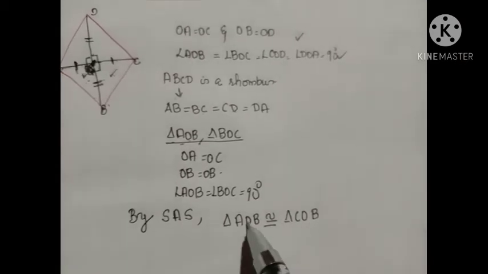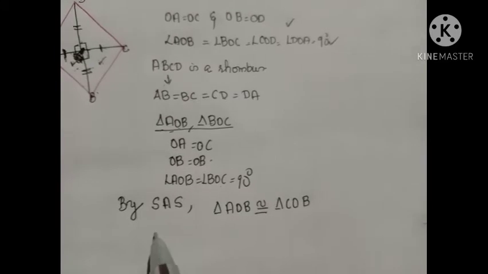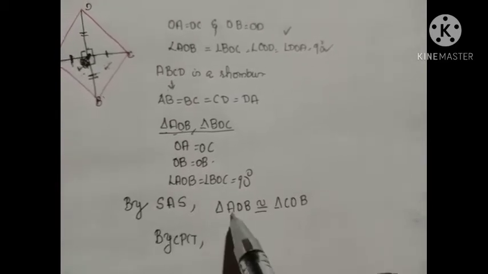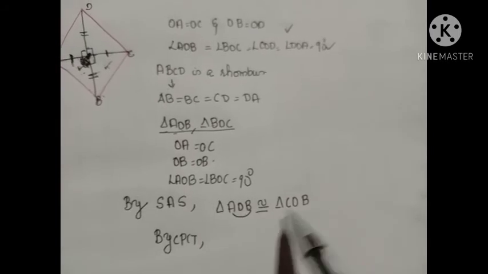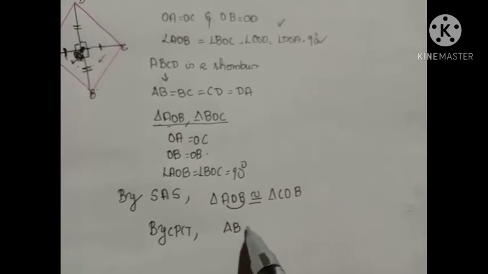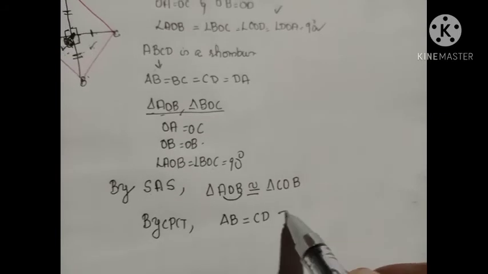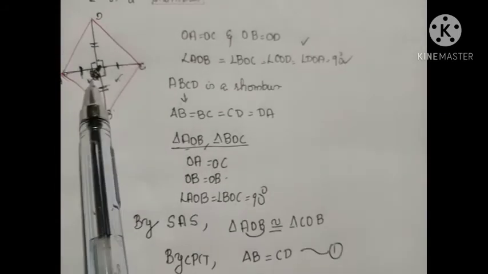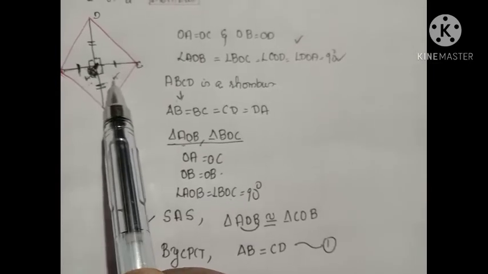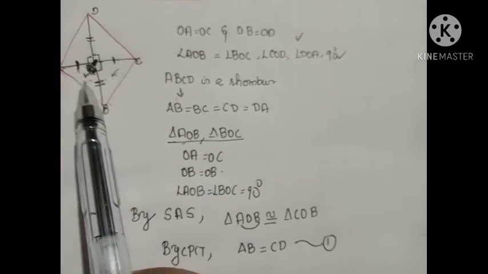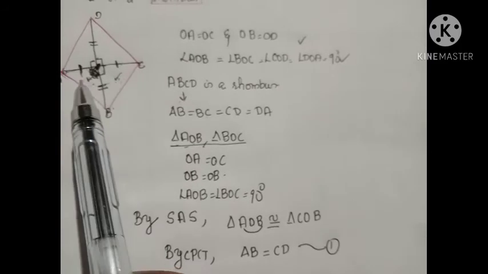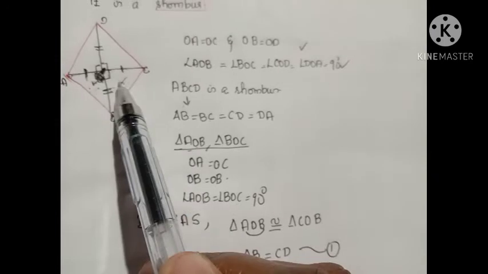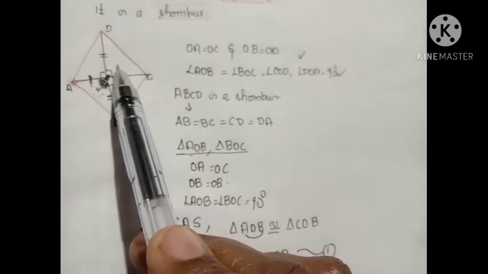Here apply CPCT rule. So, by CPCT rule, what is the side corresponding to AB here? Yes, AB equal to CD. Put it as equation number 1. We considered two adjacent triangles and proved them congruent by SAS. Similarly, consider triangle BOC and triangle COD.